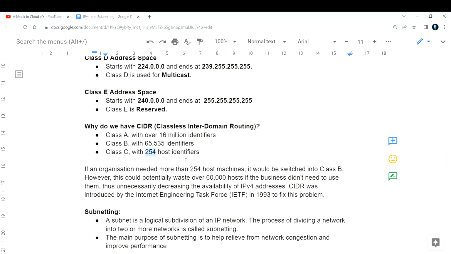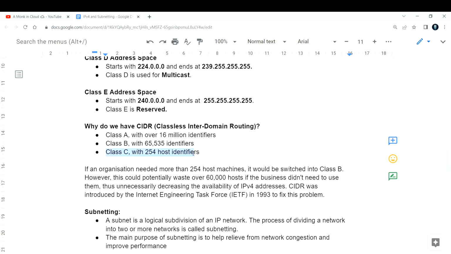So let's assume one case. If an organization needed more than 254 host machines, it would have to switch to class B. Let's say we want 300 IP addresses. 300 is not fulfilled in class C, so ignore class D and E, because we are not going to use them.